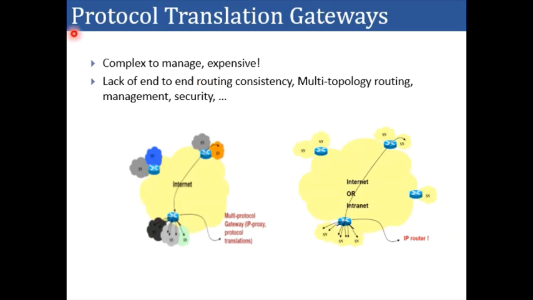So this is the problem which we have when we have the protocol translation gateways, because we have to implement multiple translators to share the data over the network.